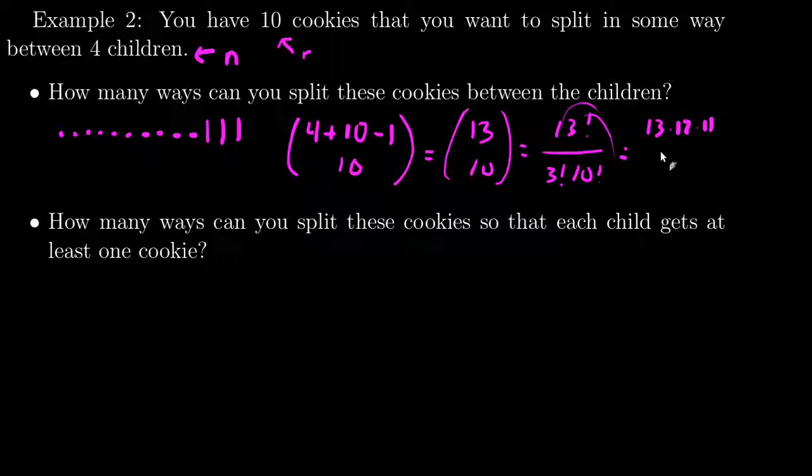The 10 factorial is going to cancel. 3 times 2 times 1. And I work this all the way out. Let me see what I get. I should end up with 286 possible ways to give these cookies to the children.